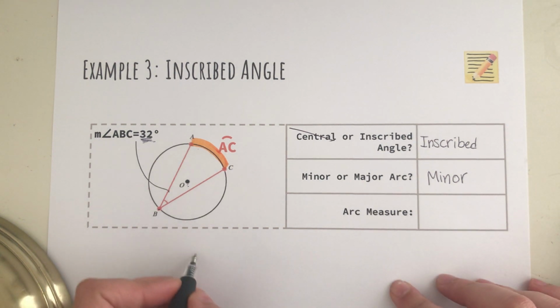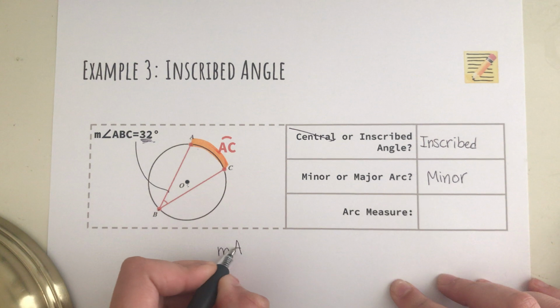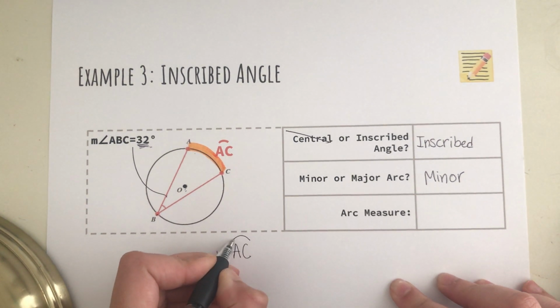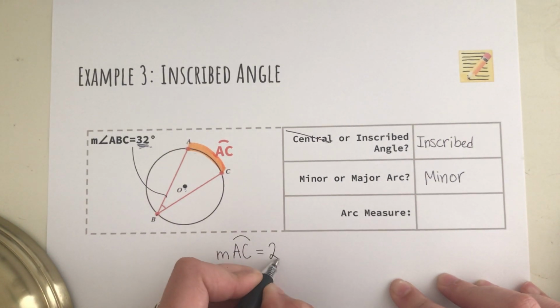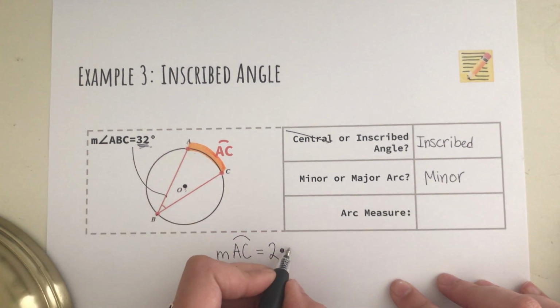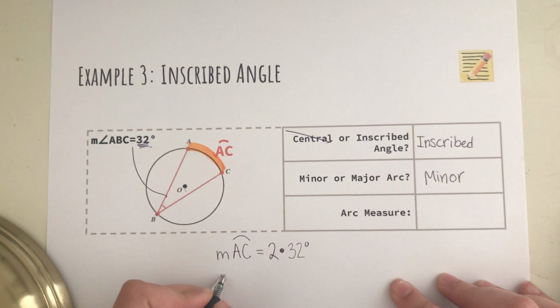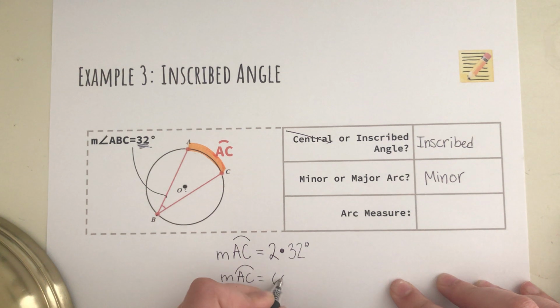So that's going to be, so the measure of arc AC equals 2 times 32 degrees. So that means that the measure of arc AC is going to be 64 degrees.